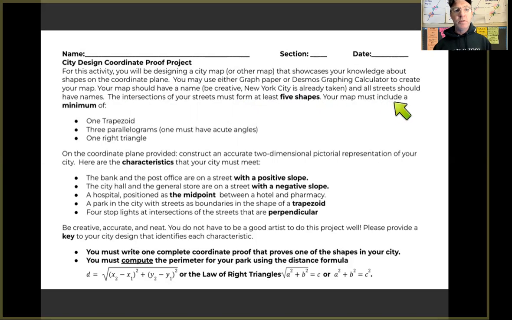Your map must include a minimum of 1 trapezoid, 3 parallelograms, 1 of which must have acute angles, and 1 right triangle. On the coordinate plane provided, we will provide you graph paper, or we'll talk about the Desmos graphing calculator as well. Construct an accurate 2-dimensional pictorial representation of your city. Here are the characteristics your city must meet, and we're going to talk about those in a minute.